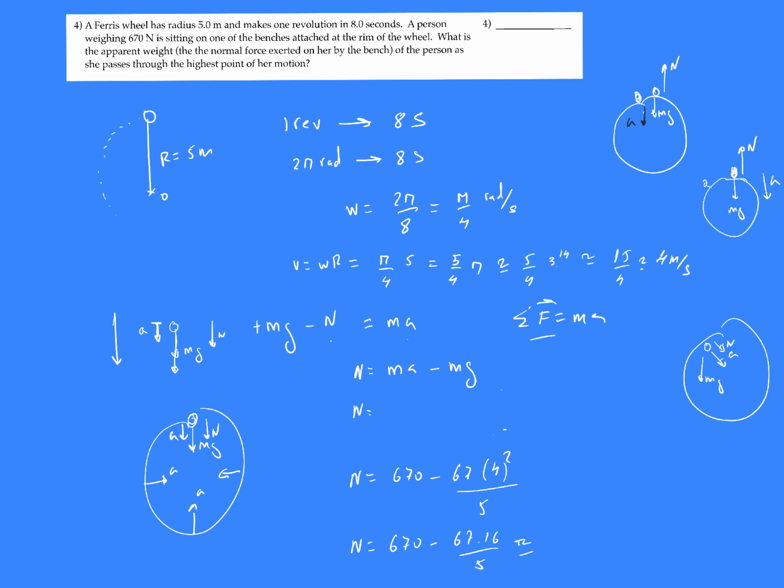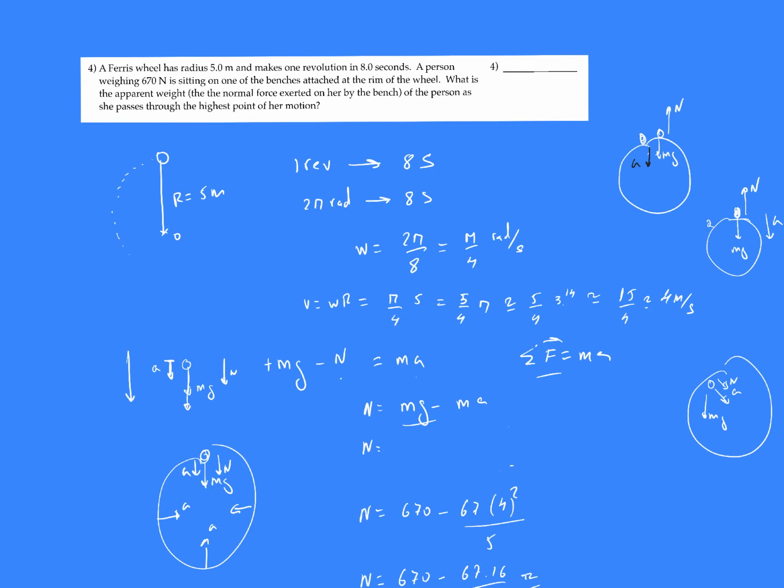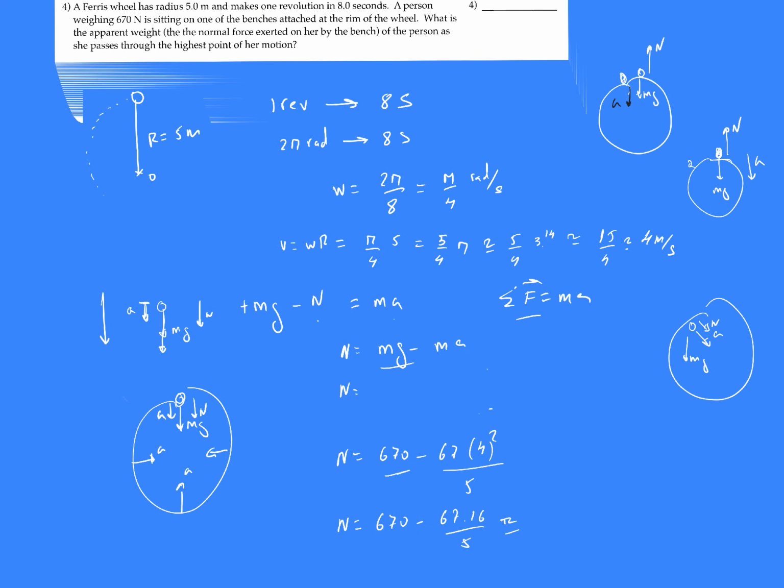So the normal force will be, let me erase again, I'm sorry, the normal force will be mg minus ma. mg is 670 newtons, so m is 670 divided by g, or 670 divided by 10, which is 67.